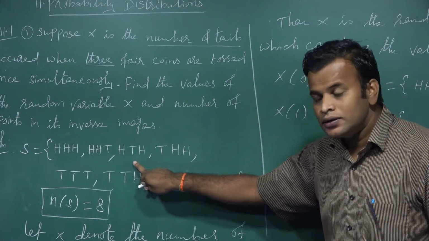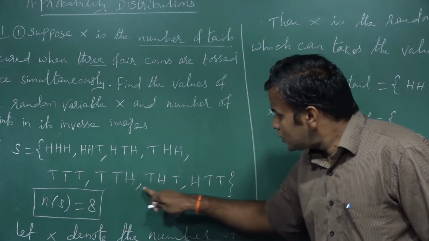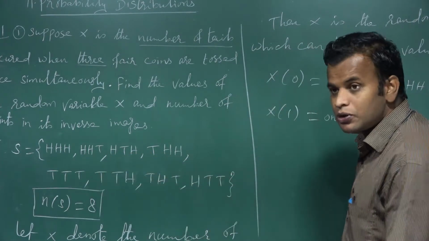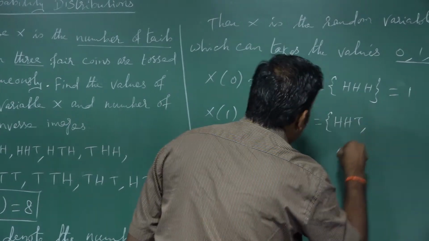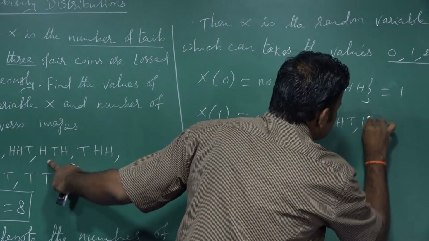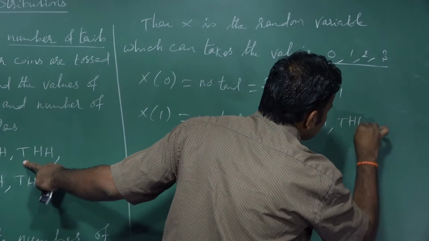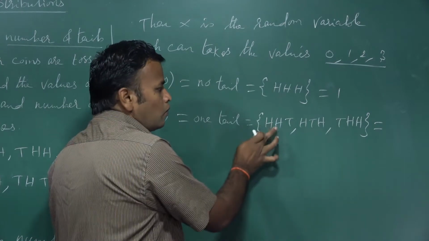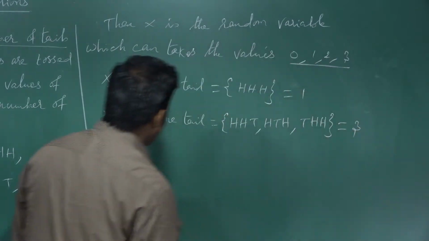HTH, here also one tail. THH, one tail. Remaining all have 2 or 3 tails. So we need only one tail. So the possible events are HHT, HTH, THH. So how many events are there? 1, 2, 3. So that value is 3.